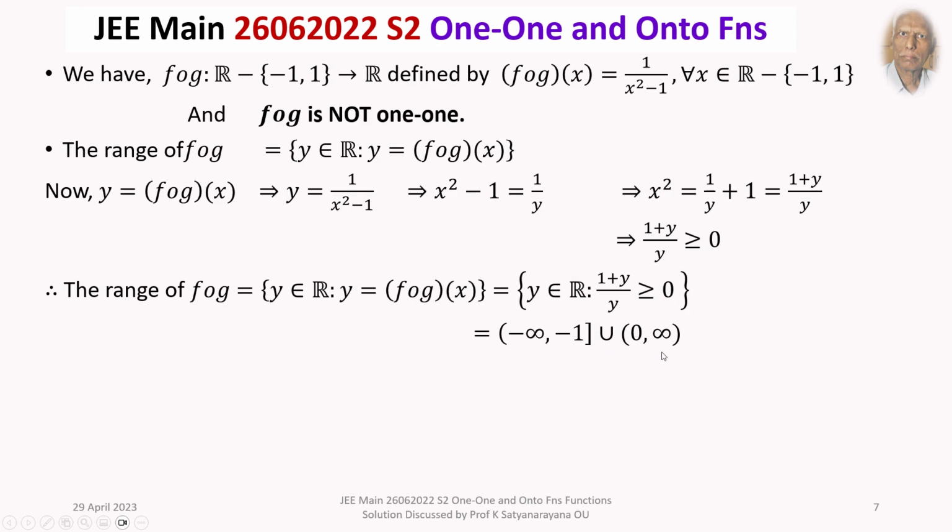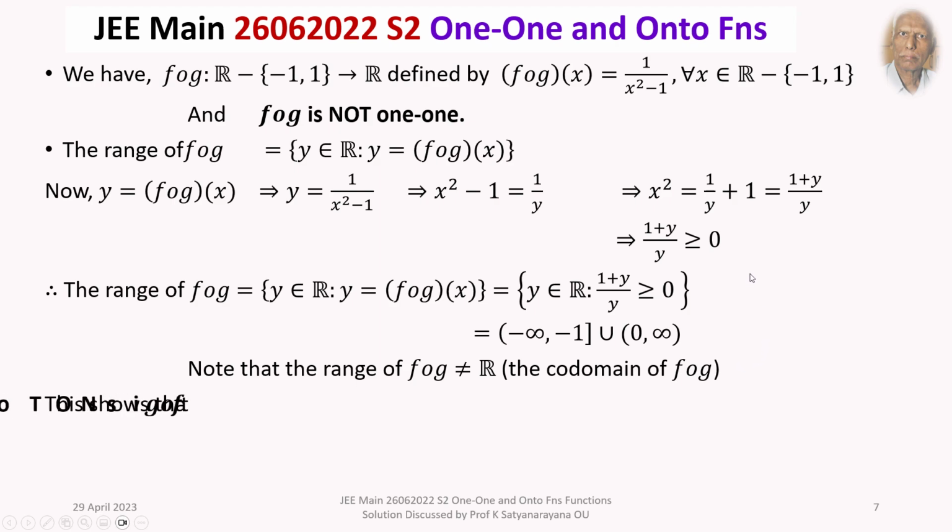That means this is not equal to the codomain of f composed g, that is the whole of R. Is it whole of R? No. So note that the range of f composed g is not the whole of R, that is not the codomain of f composed g. Therefore, it is not onto.